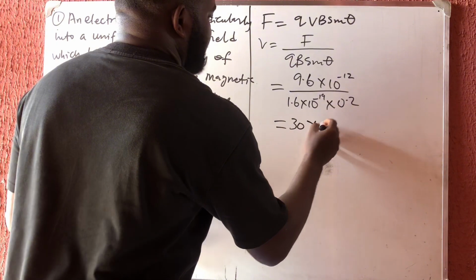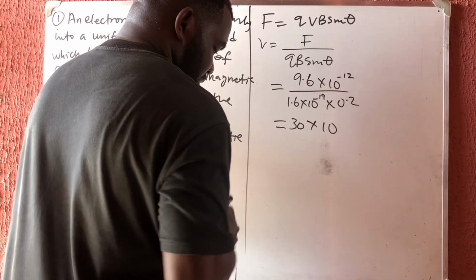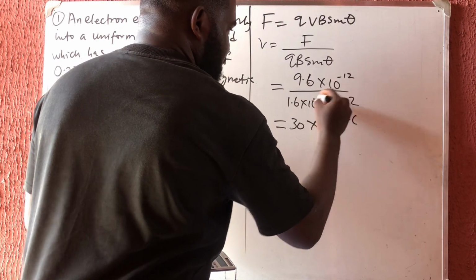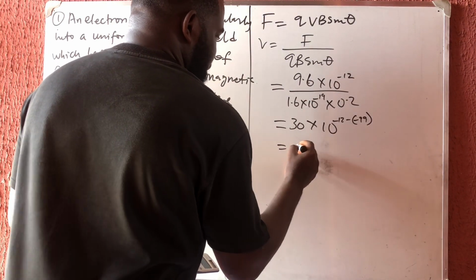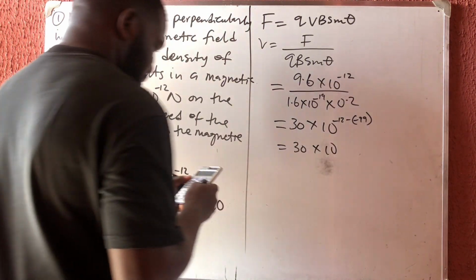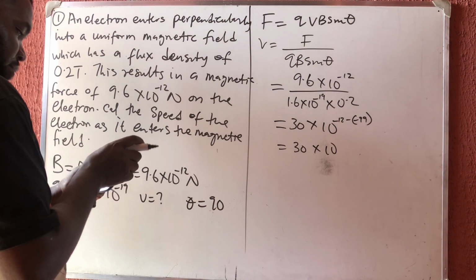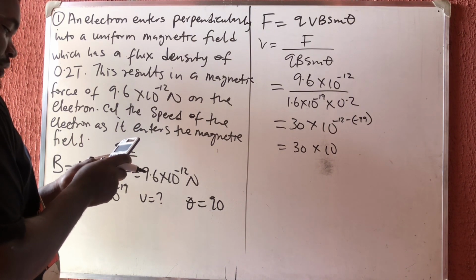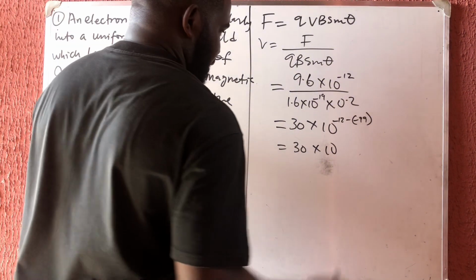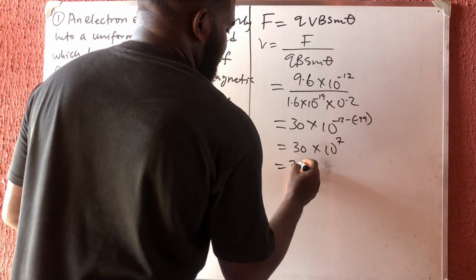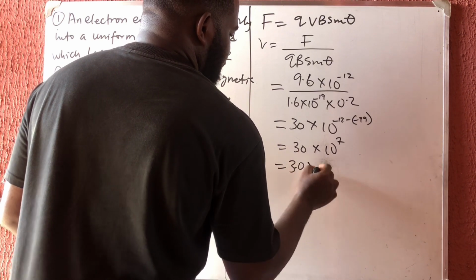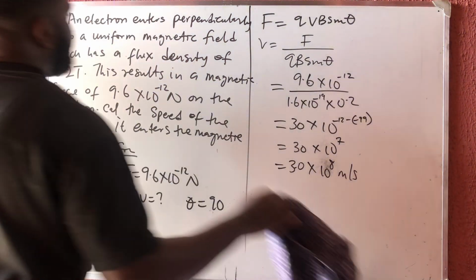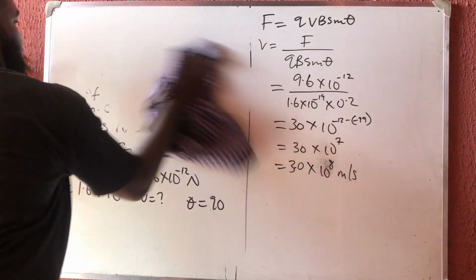So this is 30 times 10 raised to power minus 12 plus 19, which according to indices is 7. So I'm having 30 times 10 raised to power 7, so this is 3.0 times 10 raised to power 8, in meter per second. So this is very, very simple to calculate. Move over to the next question.